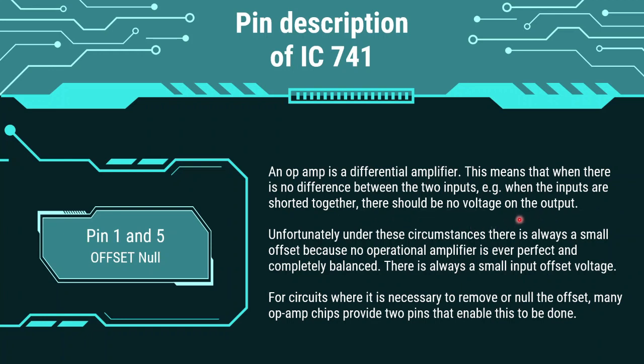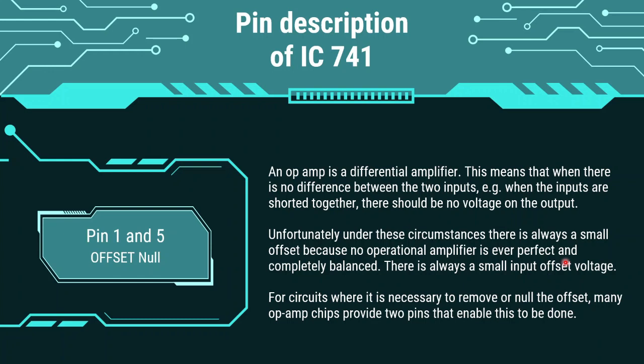But unfortunately, under these circumstances, there is always a small offset because no operational amplifier is ever perfect and completely balanced. There is always a small input offset voltage. This input offset voltage is small and arises from mismatches in the differential input stages of the op-amp chip.